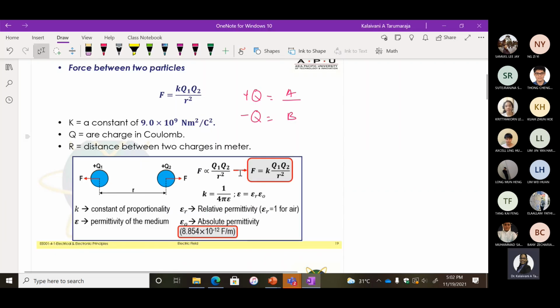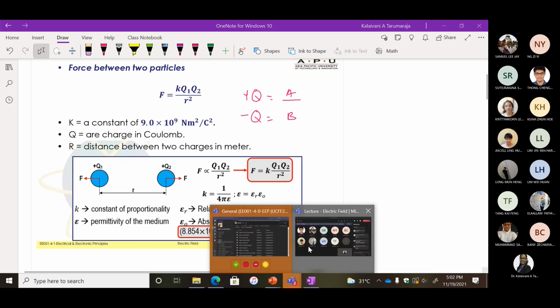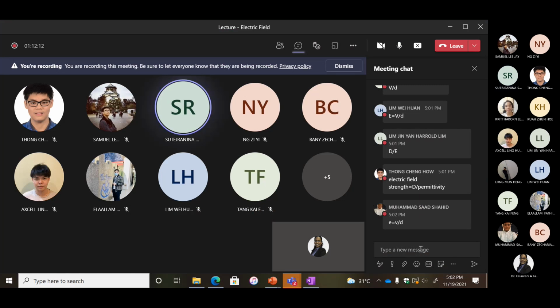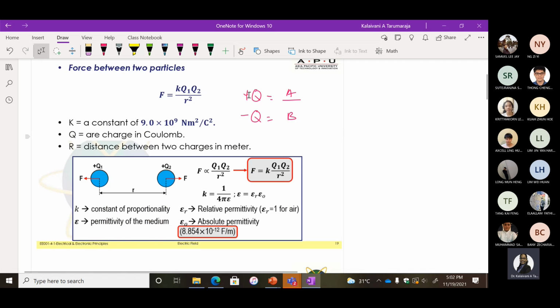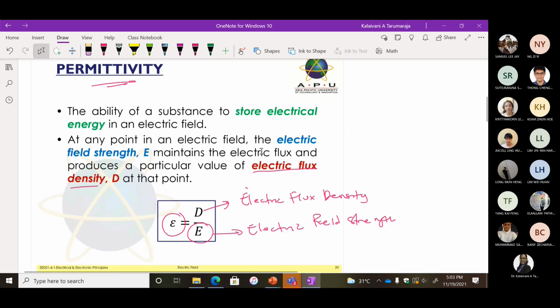My question: when you do a calculation based on this formula, does the polarity, positive and negative, of the charge need to be taken note of? No. Okay, when we have the polarity of the charge, positive and negative, does it define the direction of the movement of the charge? Yes. Okay, thank you for your answer.